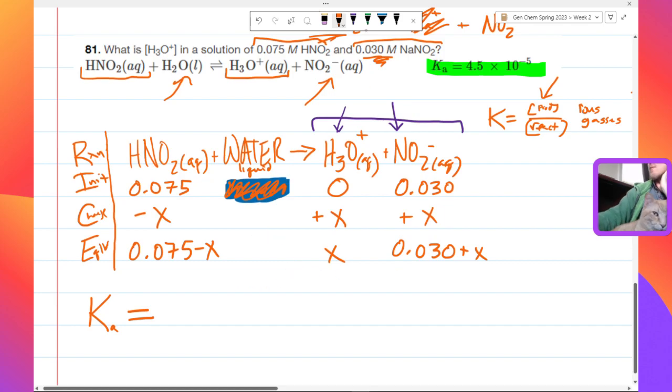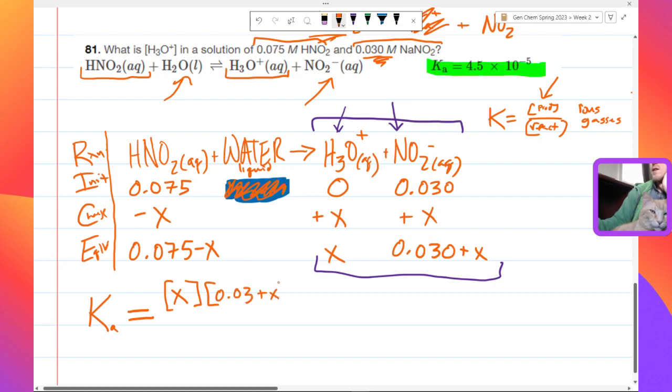And at equilibrium, the concentrations of those are these two things. We're going to have X, which is the concentration of hydronium, and keep that in mind for later. And then 0.03 plus X is the concentration of nitrate.